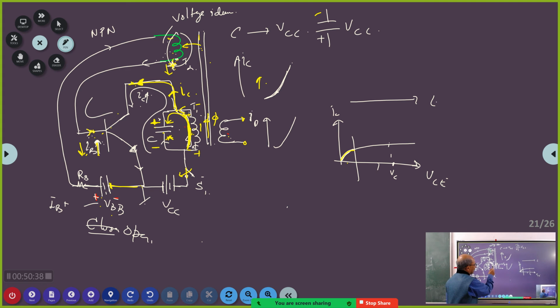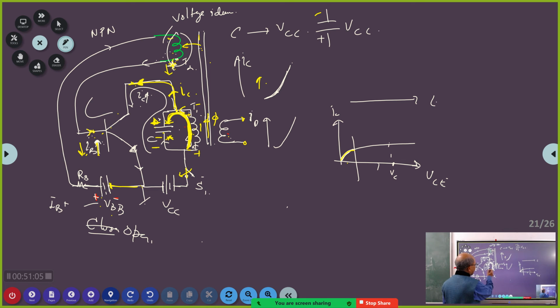Correct? So the current starts now flowing into the capacitor, and the capacitor will start getting charged in the opposite direction, and this inductor current will slowly become zero, but it will not stop at zero. You know what happens in an RC tank circuit? Because this inductor will not allow current to die, it will continue to pull more current, and then this will become plus VCC and this will become minus.